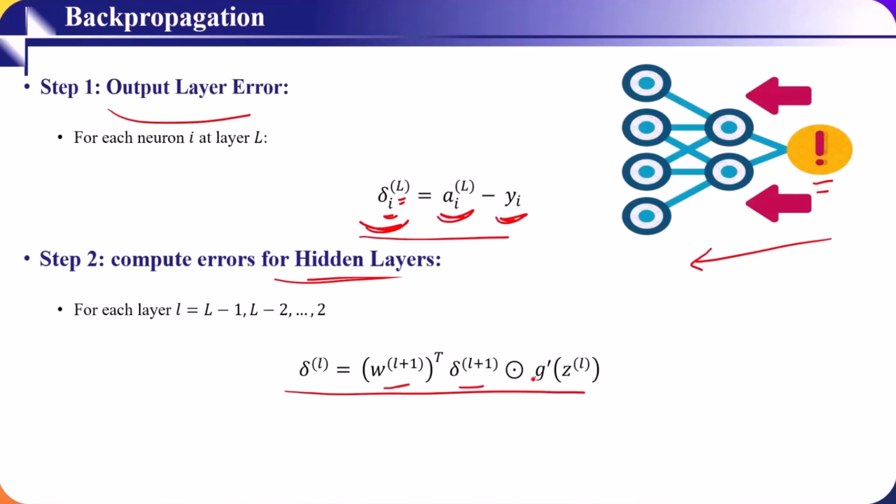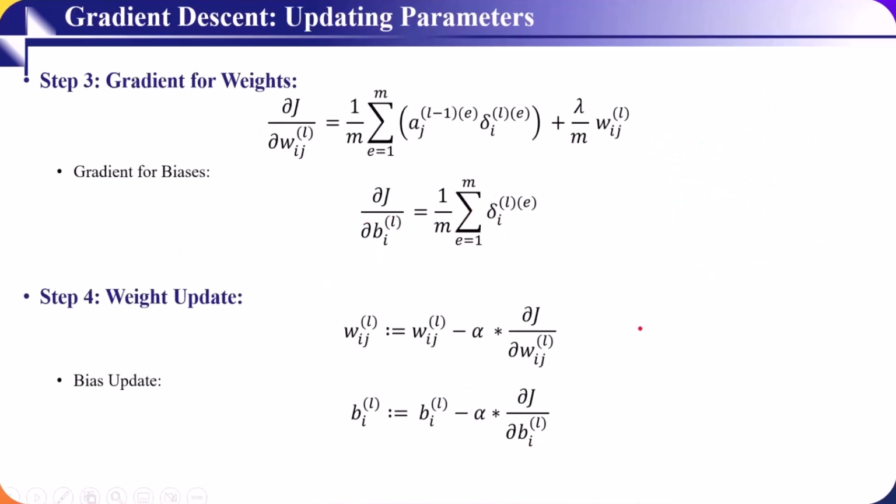Then we do element-wise multiplication with f prime of z^L, the derivative of the activation function applied to the weighted sum z^L. This process is repeated for each layer until we reach the input. This allows us to compute the gradient needed for weight updates.